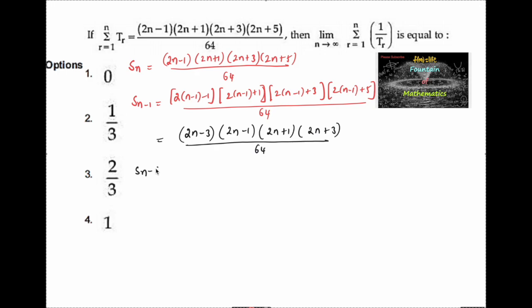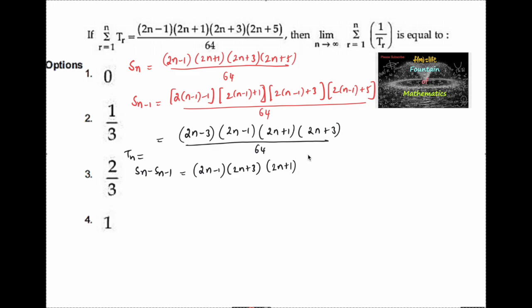So that we have Sn minus Sn minus 1, which is equal to Tn. We can take common 2n minus 1, 2n plus 3 and 2n plus 1.